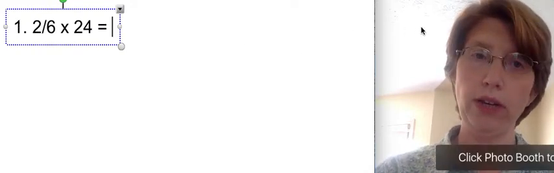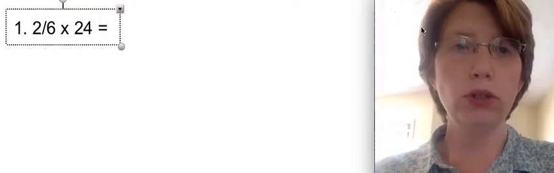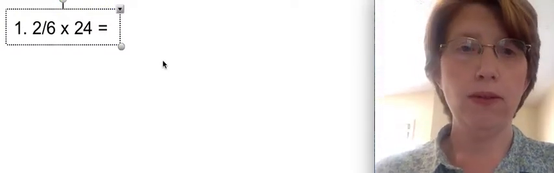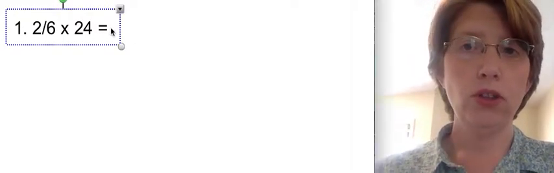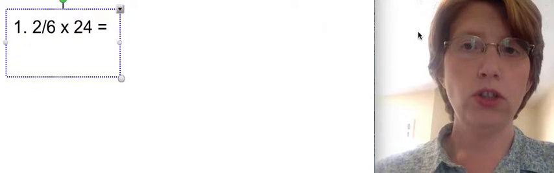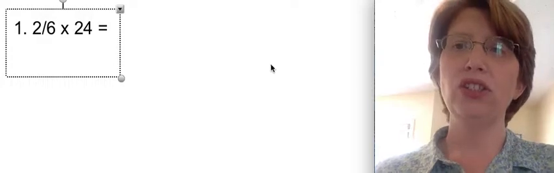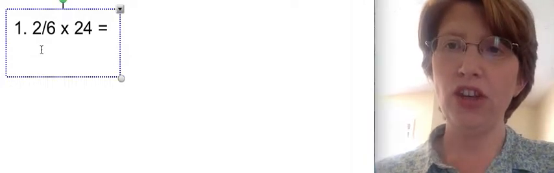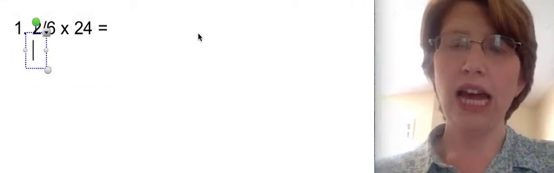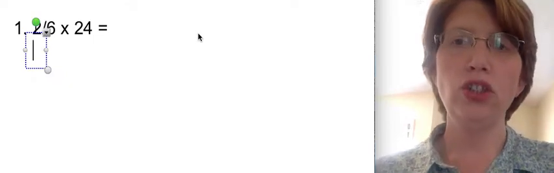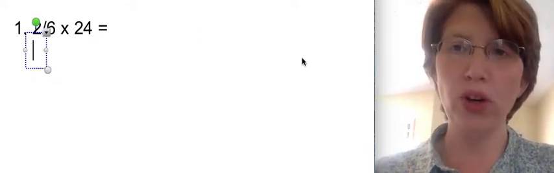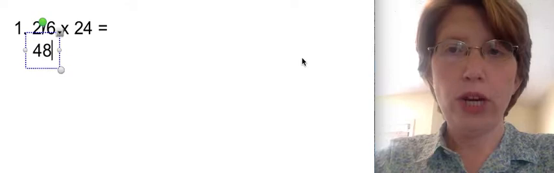So remember, I'm going to multiply the top. I am going to multiply the numerator times the whole number, which is 2 times 24, which will be 48.